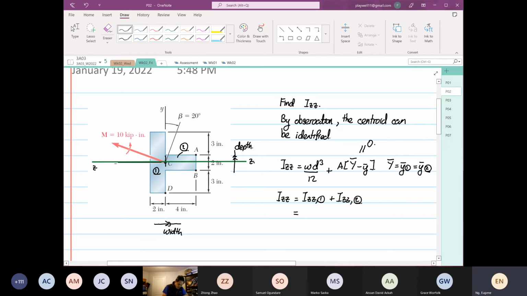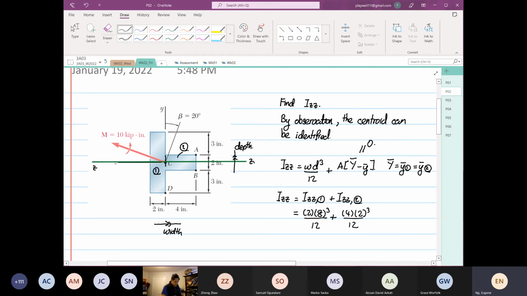From here IZZ1, the width is 2, the depth is 3 plus 3, 6, 8 cubed over 12, plus IZZ2, the width is 4, the depth is 2 to the power 3 over 12.